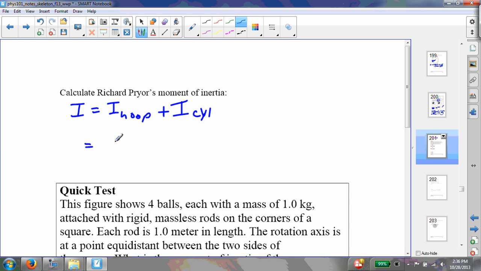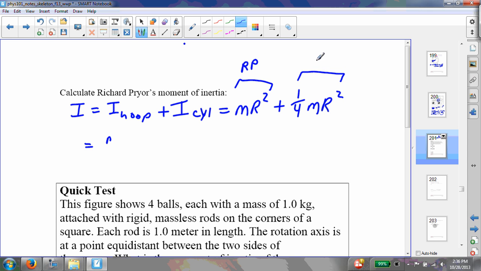So that's going to be mr squared. So I'll write it up here. mr squared, that's for the hoop, plus the expression for the cylinder, which is 1/4 mr squared, given these are for Richard Pryor, and these quantities are for the hoop, plus 1/12 ml squared.